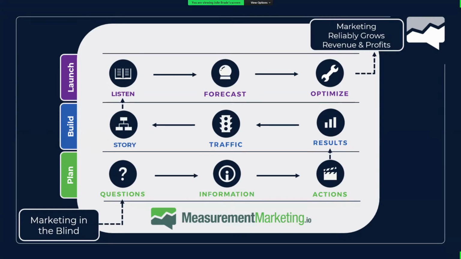You're going to be able to understand the story so that you can go on to the following step, which is launch. So you can listen, forecast, and optimize. Again, this is a 30,000 foot view, but we just took ourselves from being very reactive in marketing in the blind all the way to the top, where we are now proactive in being able to reliably grow our revenue and profits. And that's what we're trying to do.